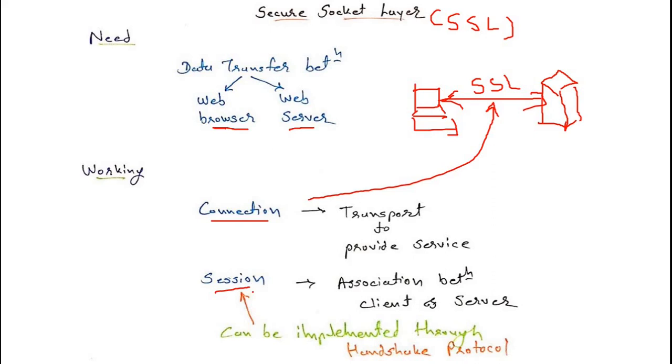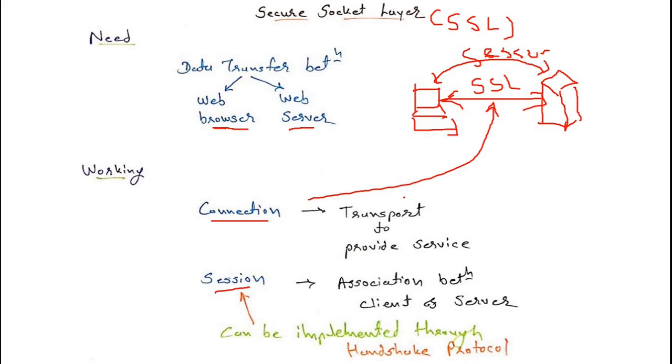And another one is a session. A session is an association between client and server. So whatever association exists between server and client is done through one session. Get it? So those are the roles and responsibilities of connection and session.